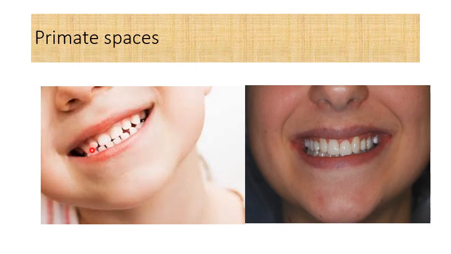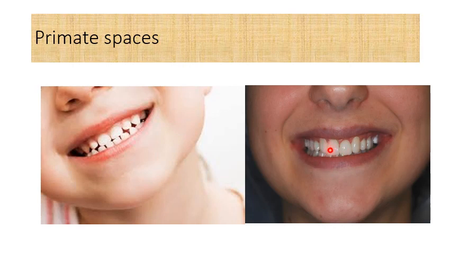The primate spaces are a normal characteristic of the primary teeth, to allow the permanent teeth to erupt in their functional position, right?